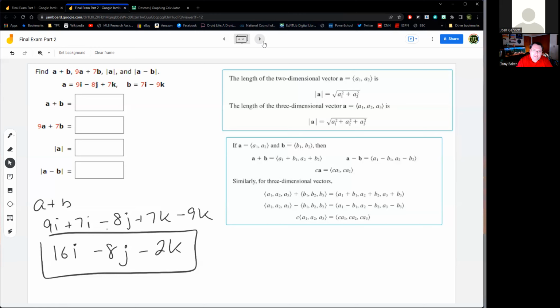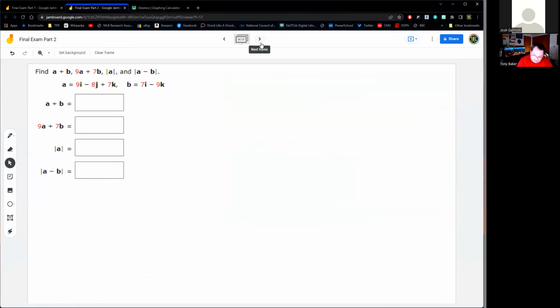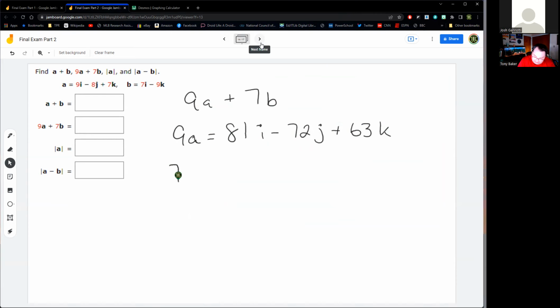Next one, we've got 9a plus 7b. So first step, multiply them, the a by 9 and the b by 7. So 9a equals 81i minus 72j plus 63k. 7b is 49i minus 63k.